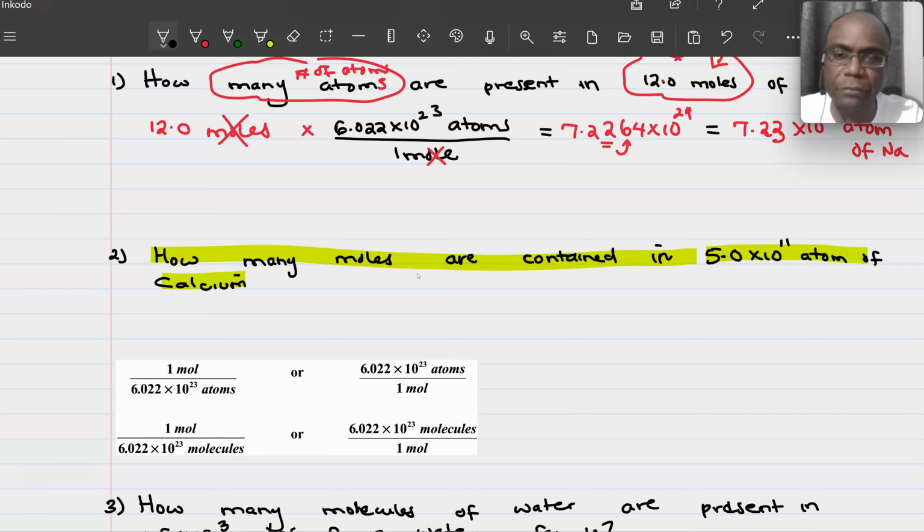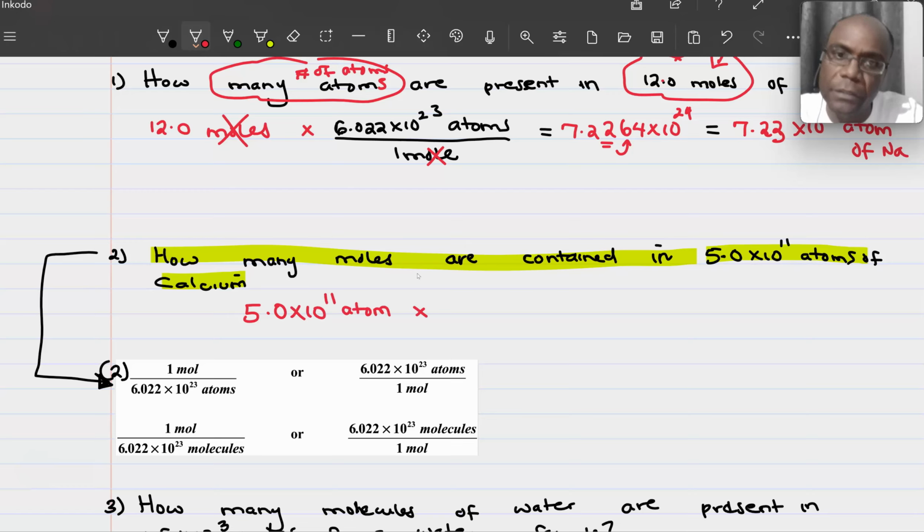So I'll have to use this conversion factor right here. Okay, so I'm going from the number of atoms to moles. So I'll need my mole as the numerator and my Avogadro's number as the denominator.